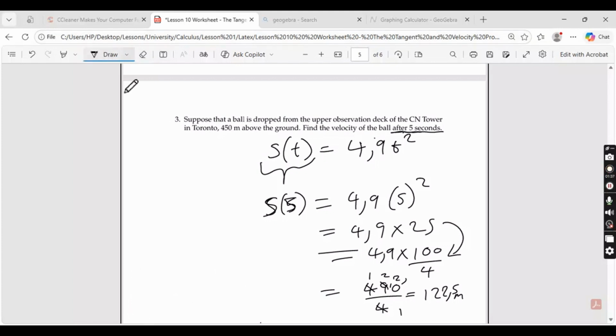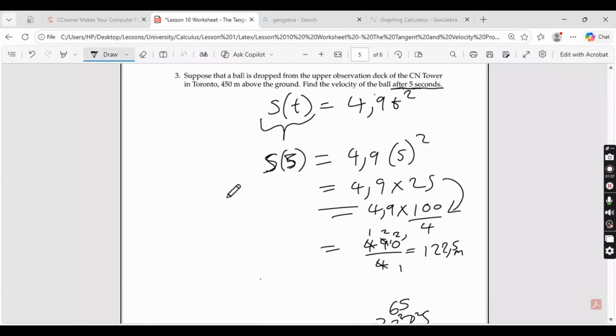Meaning that we can use 5.1. So we would write S of 5.1 is equal to 4.9 times 5.1 squared.